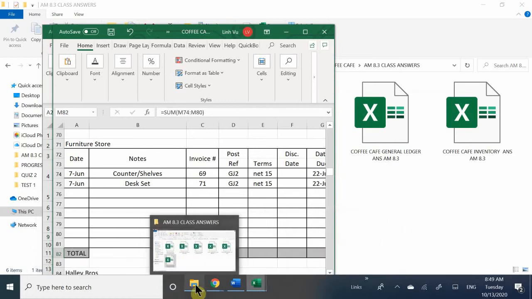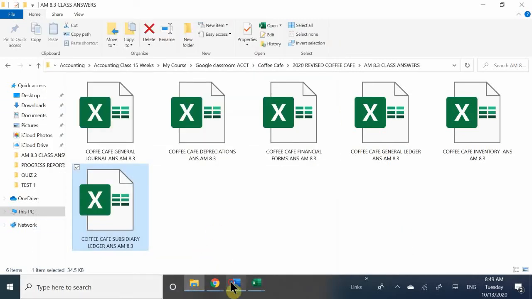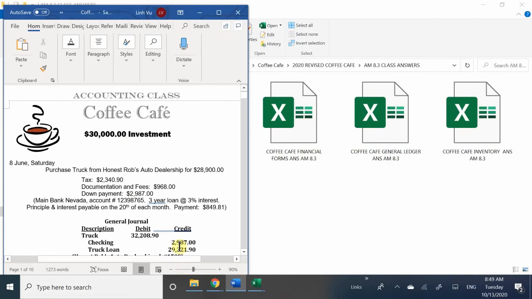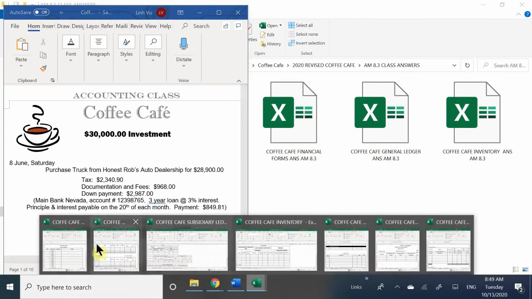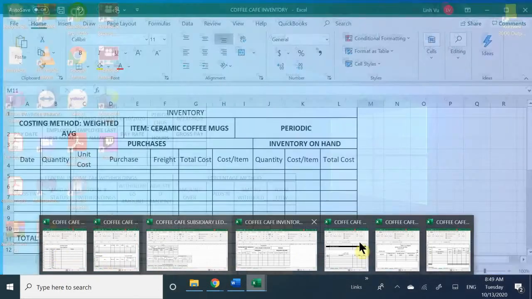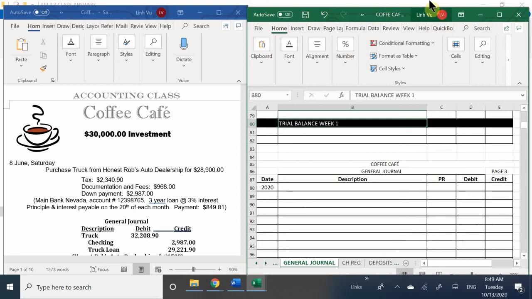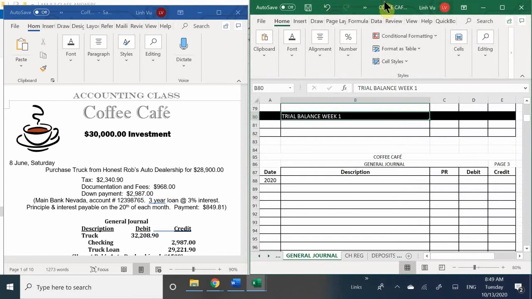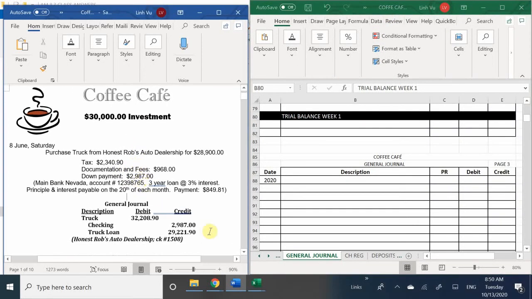So what has happened on the very next day, which is going to be the 8th of June? Purchase truck from Honest Rob Auto dealership for 58,900.